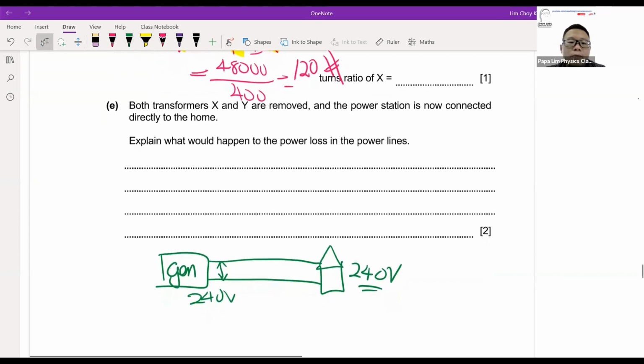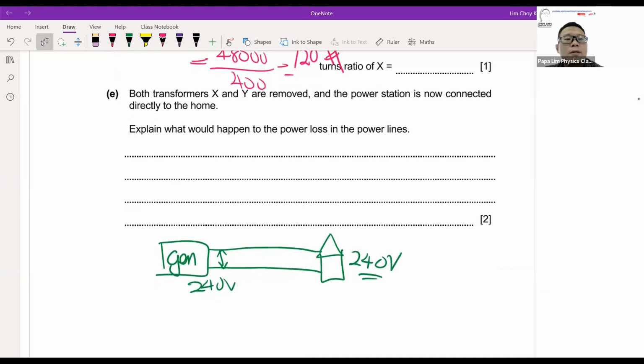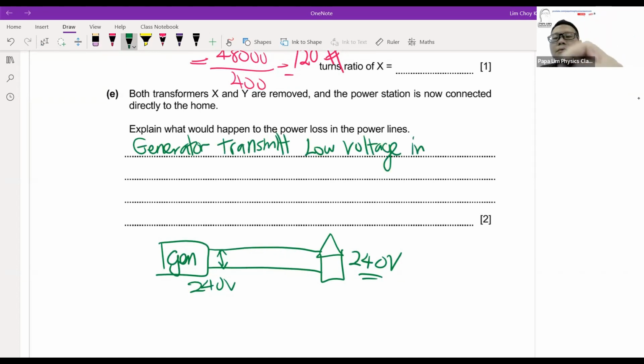If the generator transmits low voltage in the primary coil, it must transmit at high current. So when the generator transmits low voltage, the current we are looking at here is actually very high.